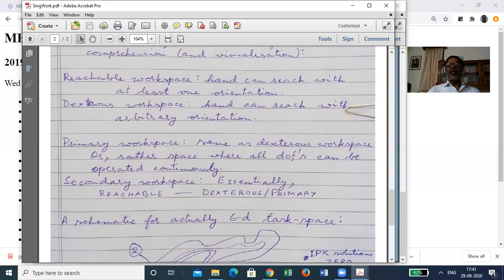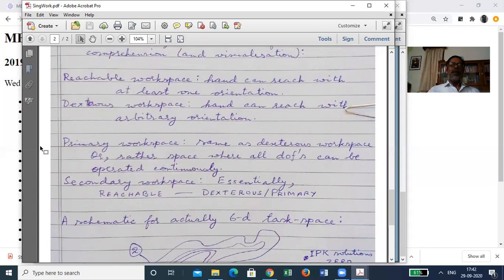Dexterous workspace, on the other hand, is the set of those points where it can reach with arbitrary orientation. That means where it can not only reach, but after reaching, it can go on dancing around at that point. Okay. So that is dexterous. And dexterity, the literal meaning is skill, and dexterity of a manipulator is how easily it can operate in different orientations.